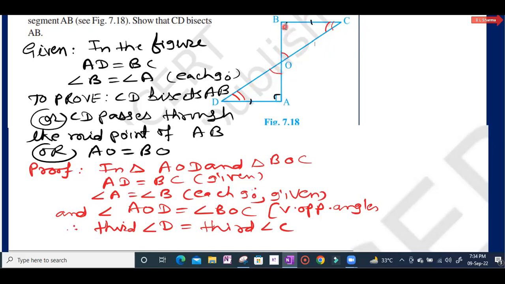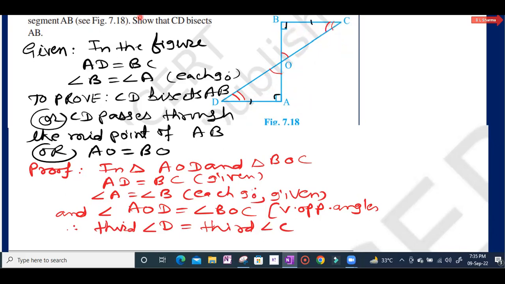is equal to angle B, AD is equal to BC, and angle D is equal to angle C. This is the included side, between angle A and angle B is AD, and the included side of angle B and angle C is BC.